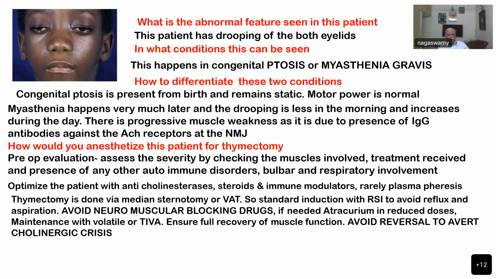Ensure full recovery of muscle function before extubation. Avoid giving any reversal, especially neostigmine. This is where, if you use rocuronium, sugammadex may be used. That may not cause much problem. So avoid reversal to avoid cholinergic crisis.